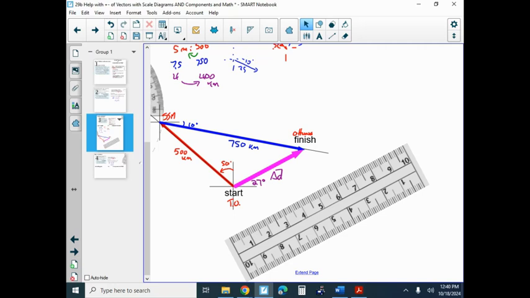Yeah, so for this one, the total displacement just equals the 400 kilometers, and we'd also say east 27 degrees north. And it points from Toronto to Ottawa quite nicely.